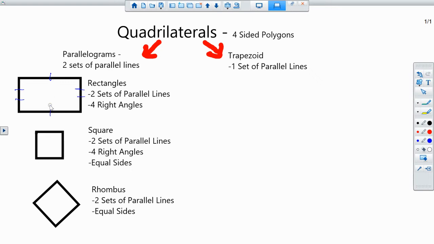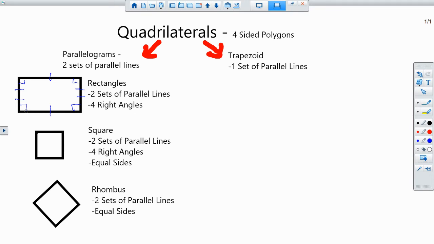This is one set of parallel lines, and this is set number two of parallel lines. Even though there's four lines, each set of two is one set. It also has to have four right angles. So we have 1, 2, 3, 4. So a rectangle has two sets of parallel lines and four right angles.